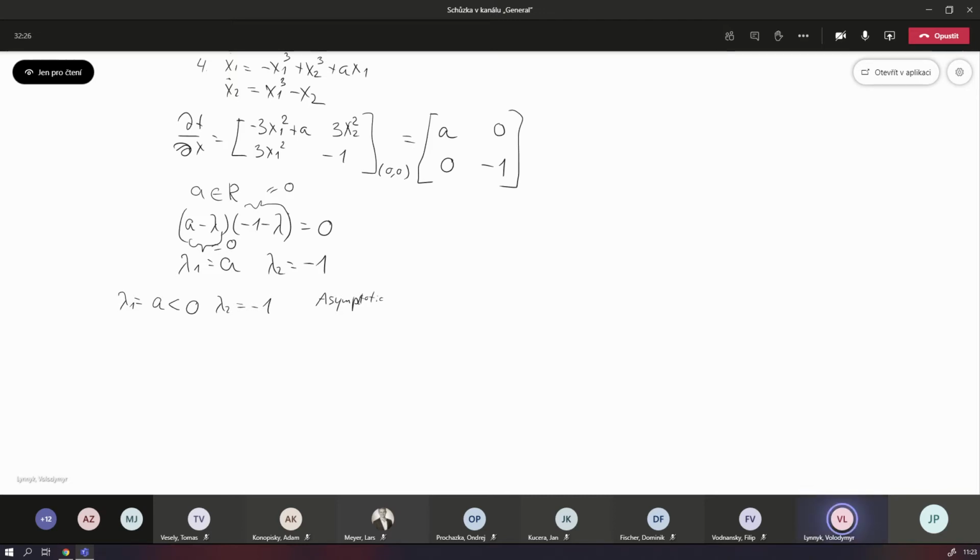Okay, this system in equilibrium is asymptotically stable. Okay, a local asymptotically stable. But I say that if the real part is less than 0, then we can say that this system is exponentially stable. Okay.